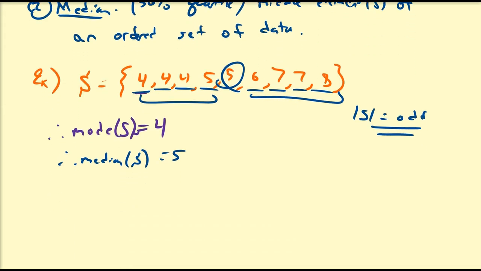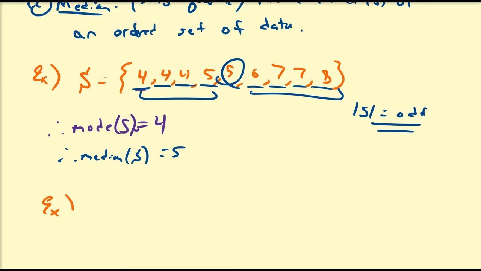Now let us consider an example for which you do not have an odd number of data values. In particular, let T be equal to 4, 5, 6, and 7. In this example, we see that there is no most frequent data point. So we may say that the mode is undefined, or that the mode doesn't really tell us anything in this case, since 4, 5, 6, 7 all have the same highest frequency, in this case 1.